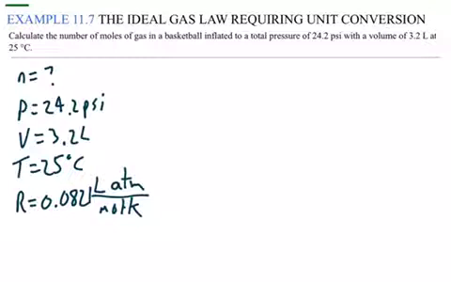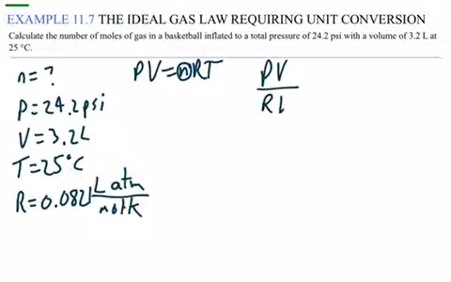Now, this time we're looking for moles. So again, PV is equal to nRT. And we're looking for n this time. So our working equation is going to be P times V over RT gives you moles. Now, before we start, we got to make sure our units are correct. And if you notice, our pressure needs to be in atm, and it's not.